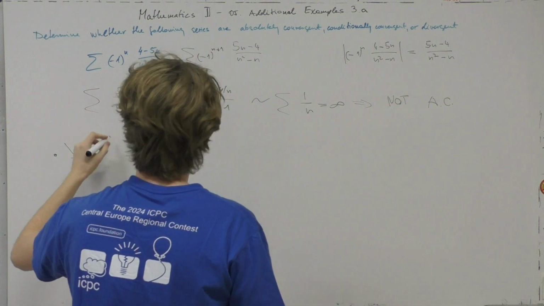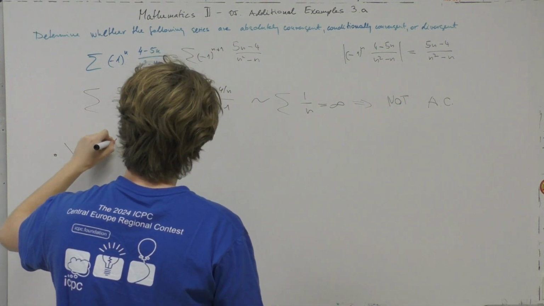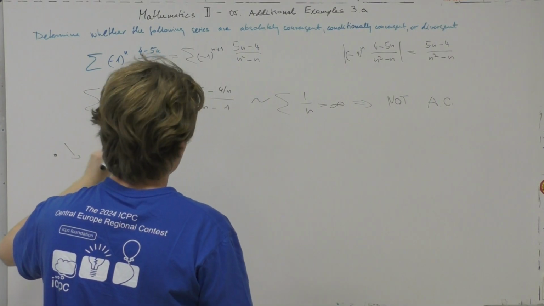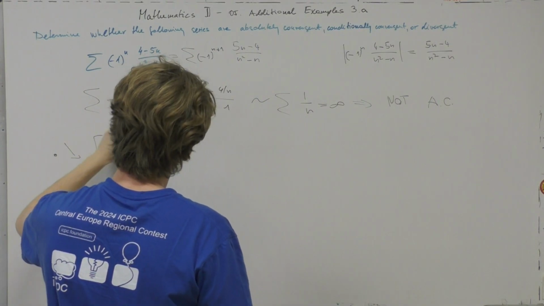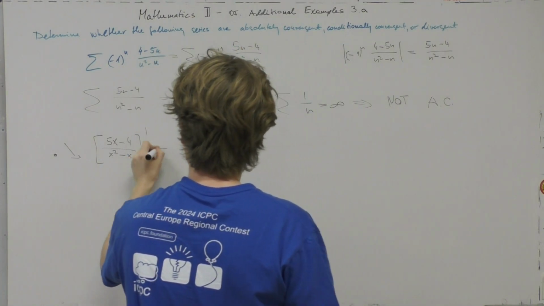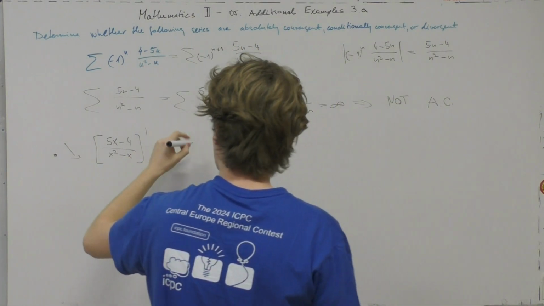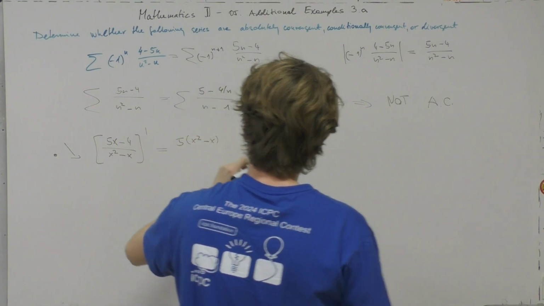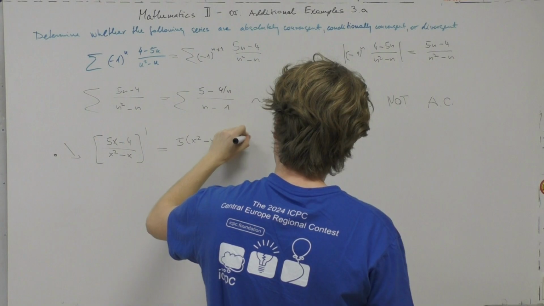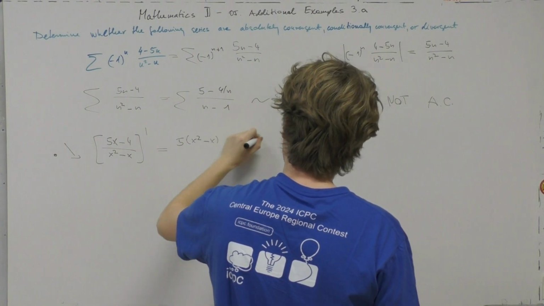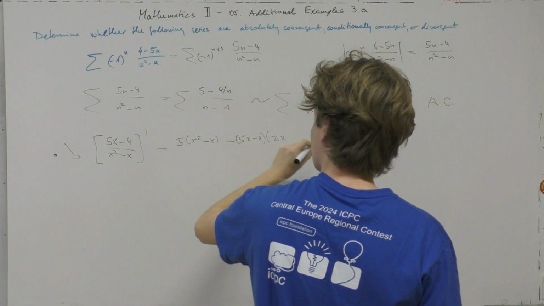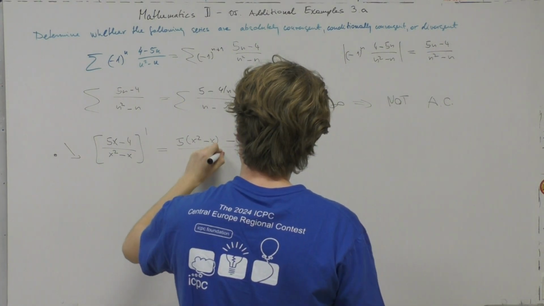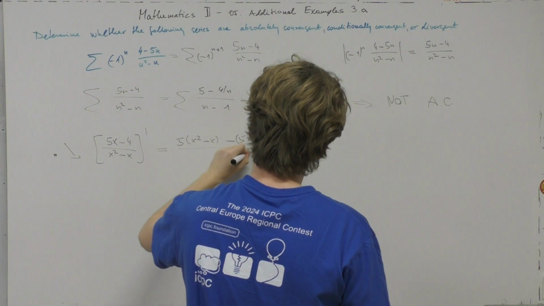So let's calculate the derivative of (5x - 4) over (x^2 - x). Using the quotient rule, this is going to be 5 times (x^2 - x) minus (5x - 4) times (2x - 1), over (x^2 - x) squared.